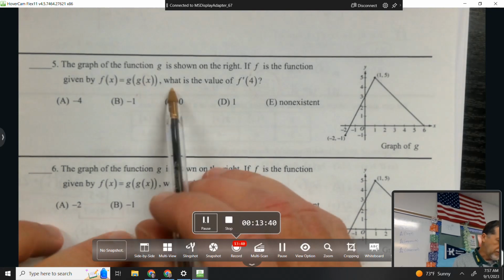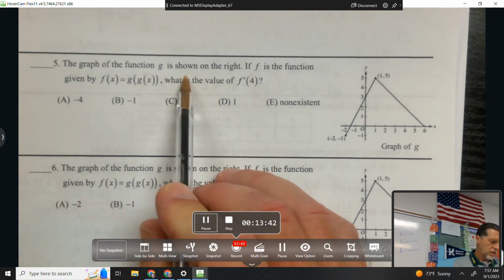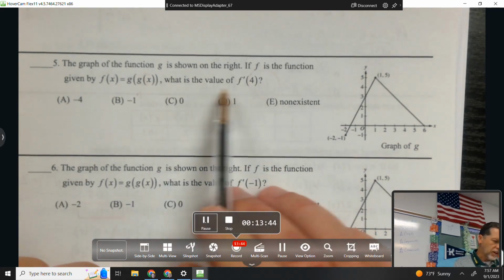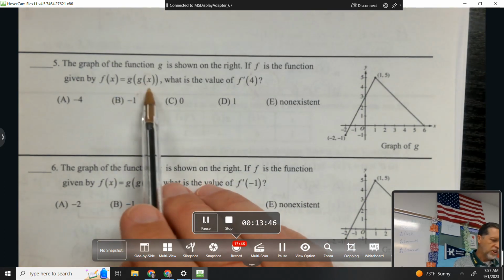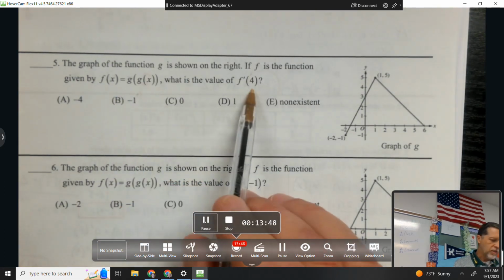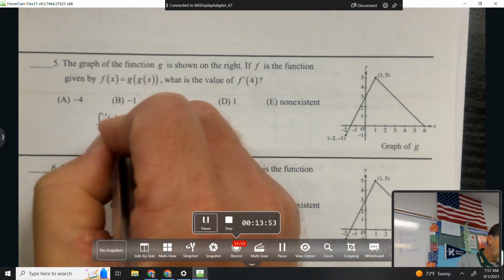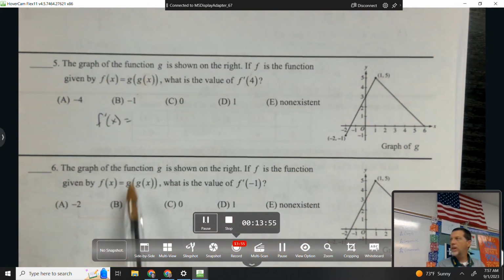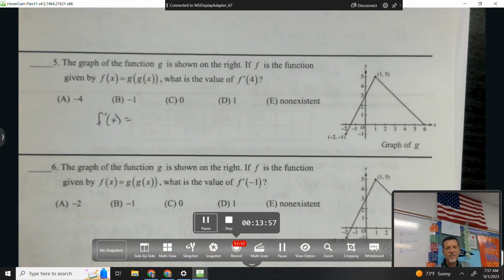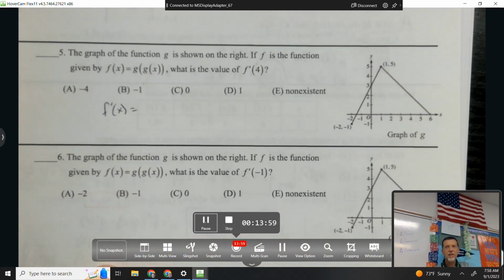The graph of the function g is shown on the right. If f is the function given by g of g of x, what is the value of f prime of 4? So I need f prime. What rule is going to be in play here if f is g of g of x? That's the chain rule again.